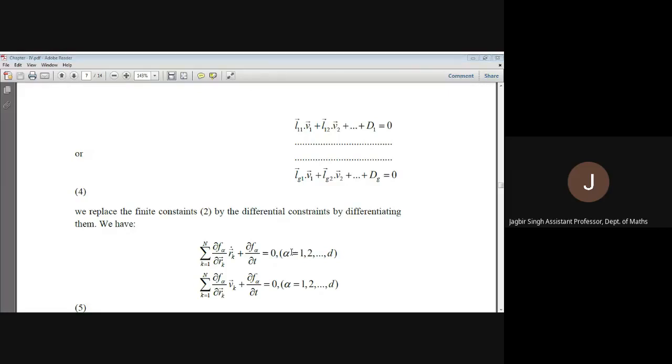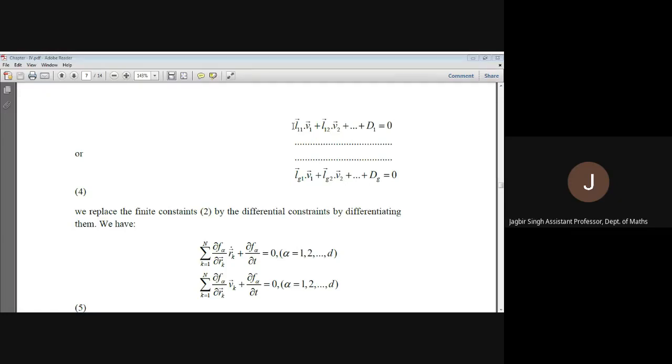Replacing r_k dot by v_k, we obtain the equation summation k from 1 to n ∂f_alpha/∂r_k dot v_k plus ∂f_alpha/∂t is equal to 0. Now we have d plus g equations which involve v1, v2, ..., vn. How? The g differential constraints are L11 v1 + L12 v2 + ... + L1n vn + d1 = 0, up to Lg1 v1 + Lg2 v2 + ... + Lgn vn + dg = 0.